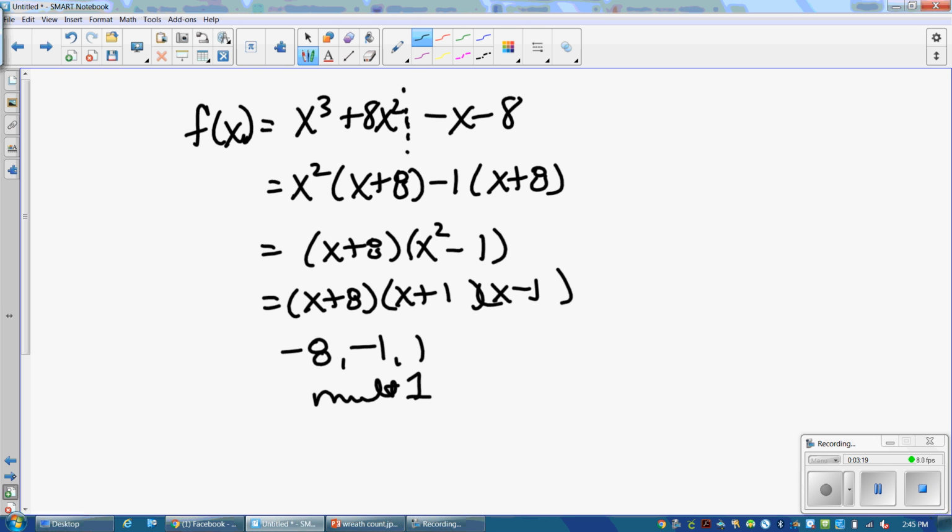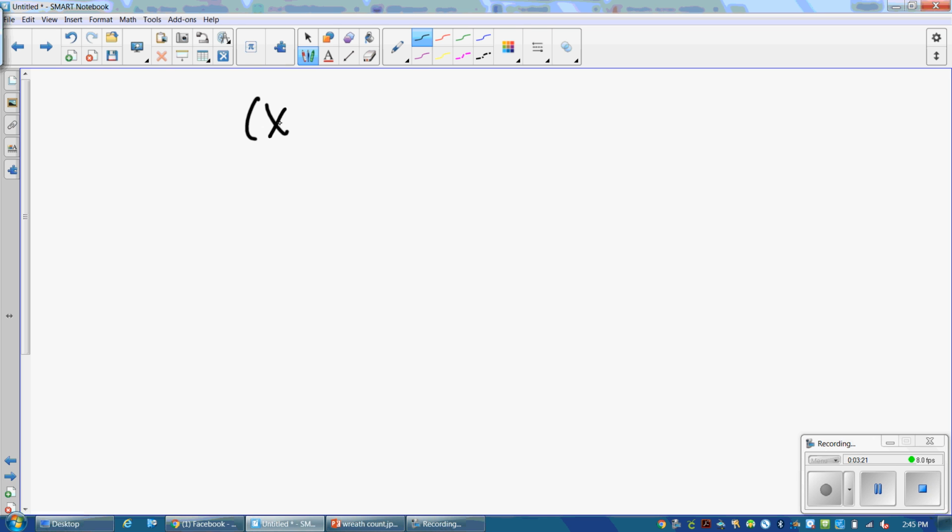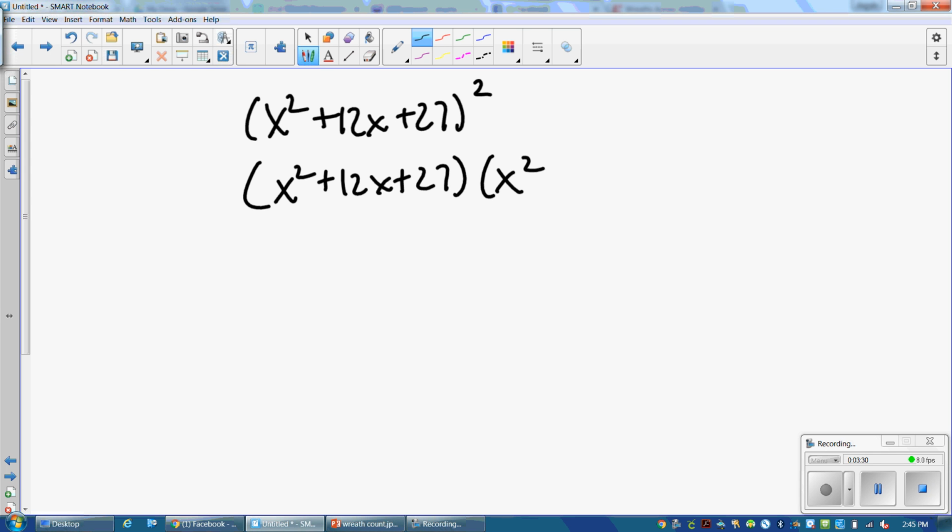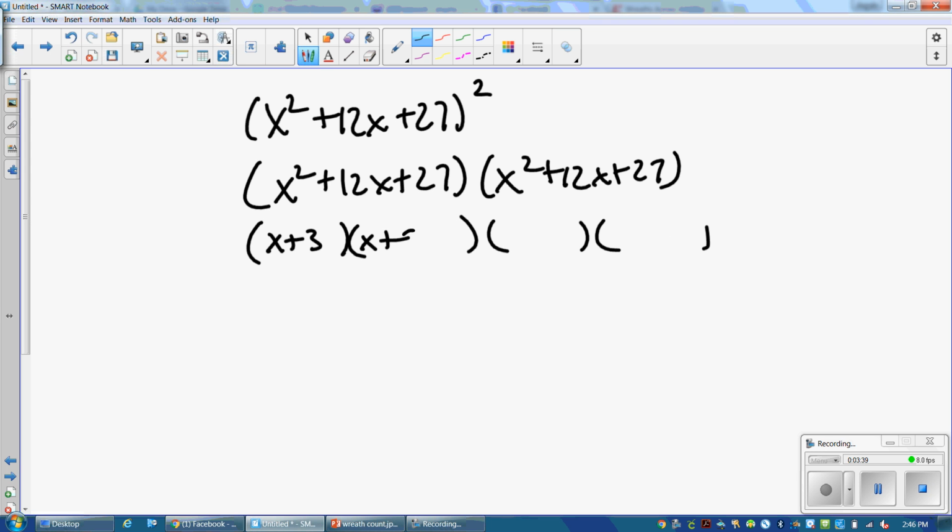And then finally, number 7, it's x squared plus 12x plus 27, squared. So basically, it's this twice. When I factor x squared plus 12x plus 27, I get x plus 3, x plus 9.